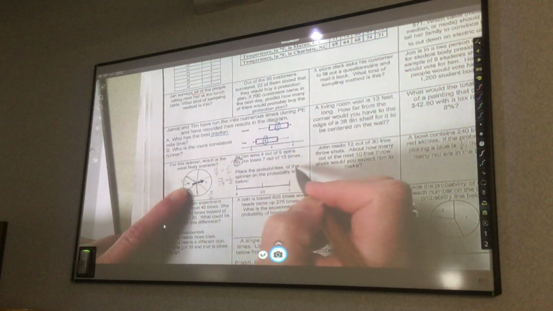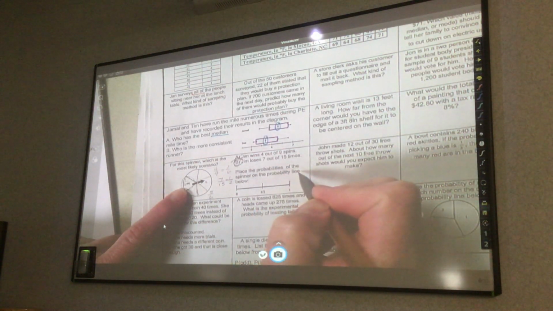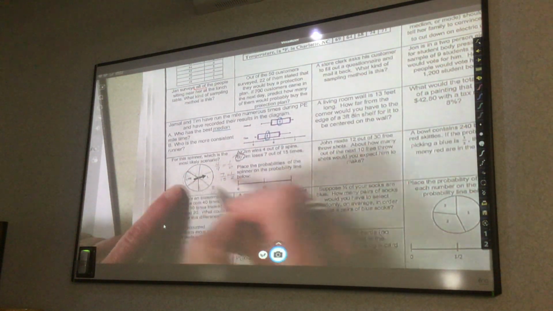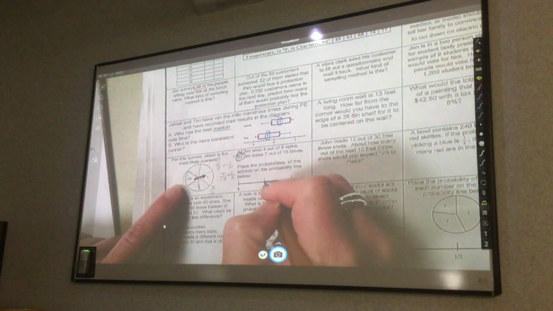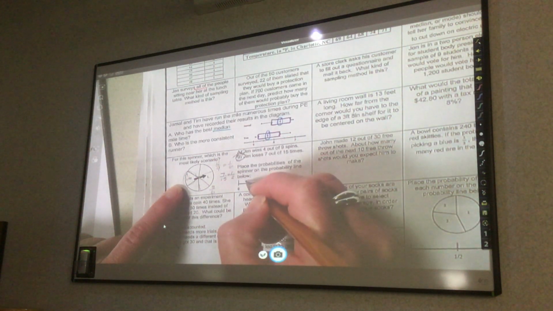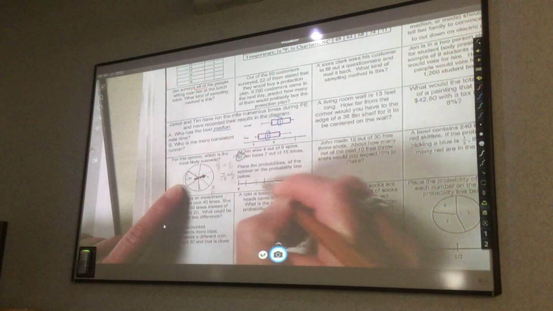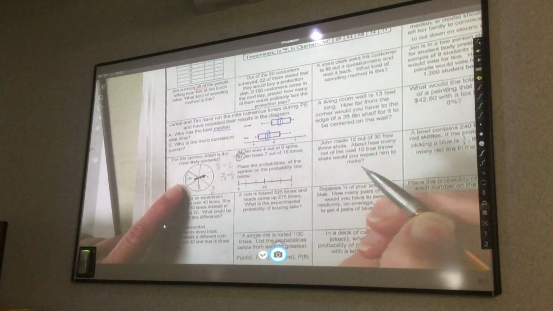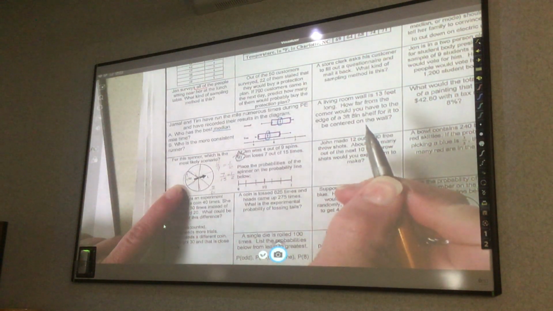Then it says place the probabilities of the spinner on the probability line below. So my wins, we said, was 1/6. So if this is a half, I can split my whole thing into 6 if I want. So this is like 1/6, 2/6, 3/6, 4/6, 5/6. Are you with me on that?